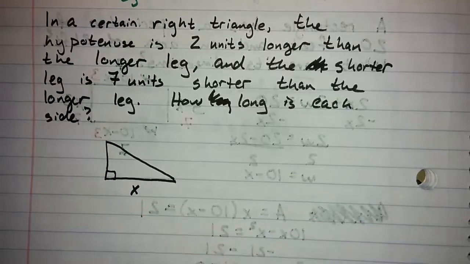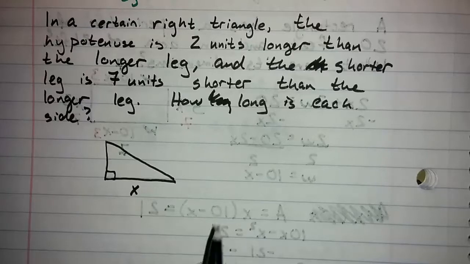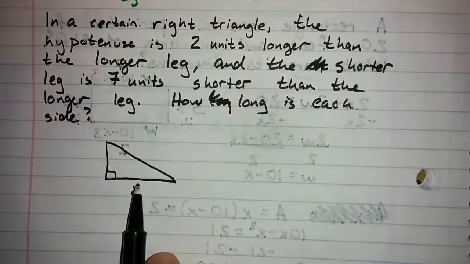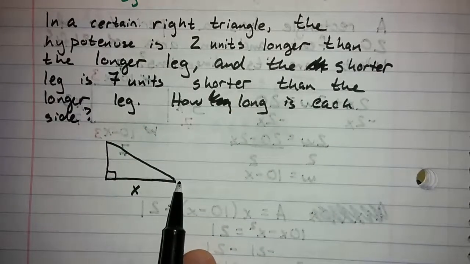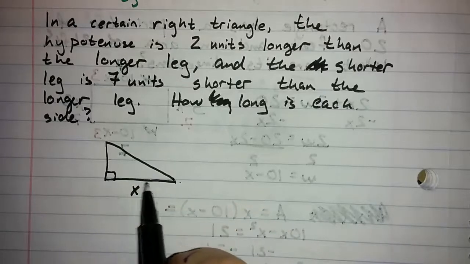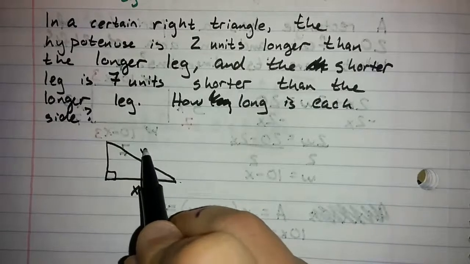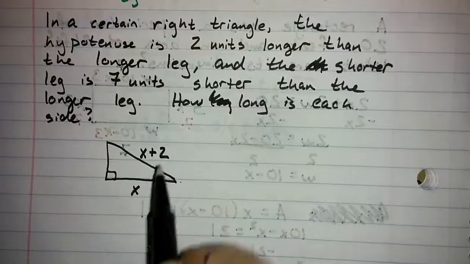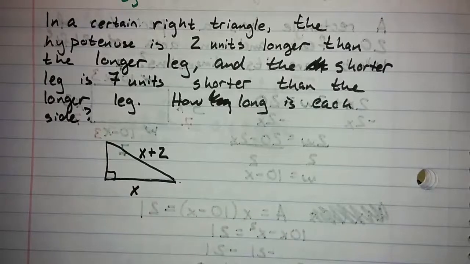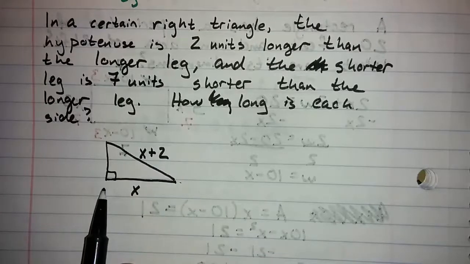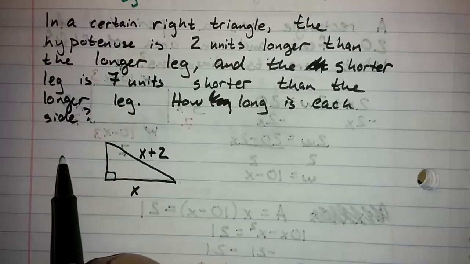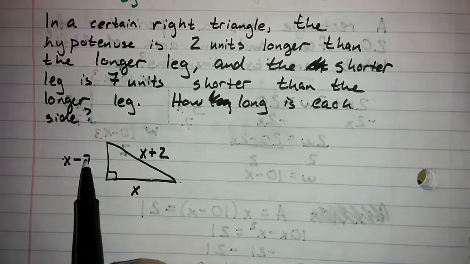I'm going to call my longer leg x. The hypotenuse is 2 units longer than the longer leg, so if this length is x, this length is x plus 2. The short leg is 7 units shorter than the longer leg, so this leg is x minus 7.